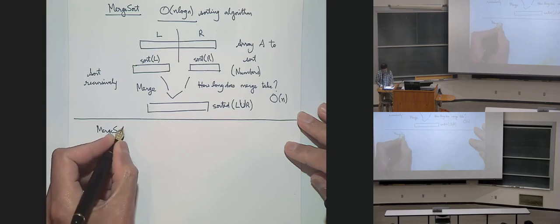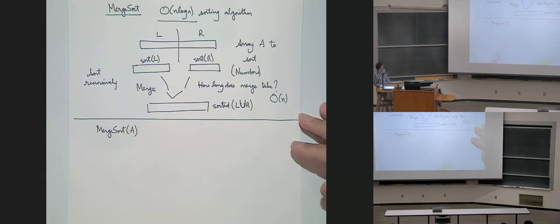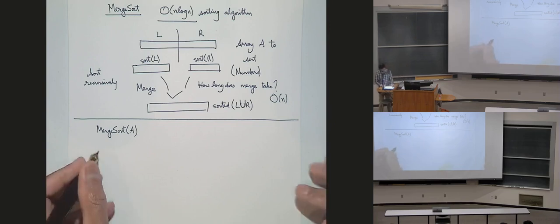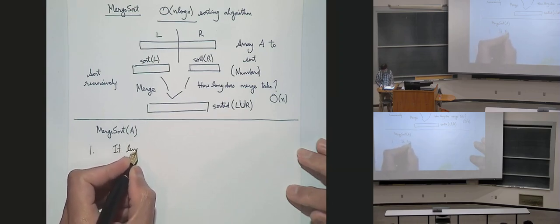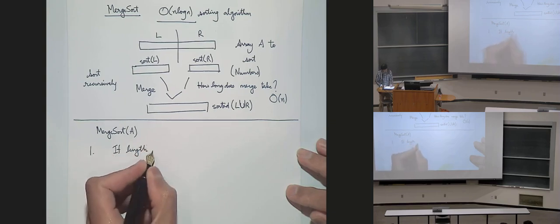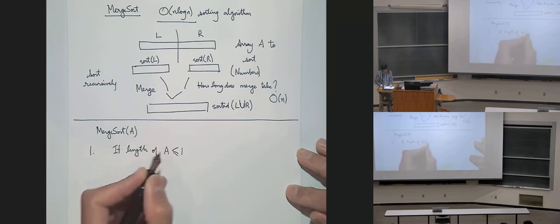The reason that I want to write out the pseudocode for merge sort is I'm more interested in how you do the runtime analysis, which creates something called a time recurrence that you need to solve.